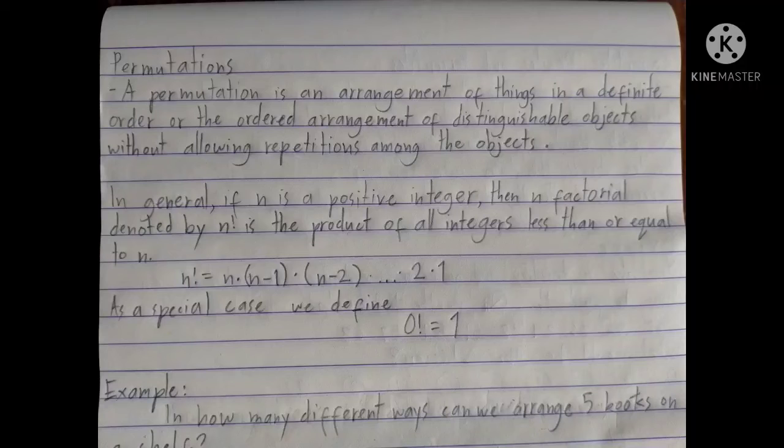In general, if n is a positive integer, then n factorial, denoted by n exclamation point, is the product of all integers less than or equal to n. n! equals n times n minus 1 times n minus 2 up to 1. As a special case, we define 0! is equal to 1.